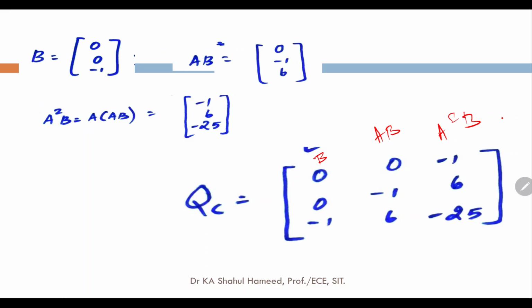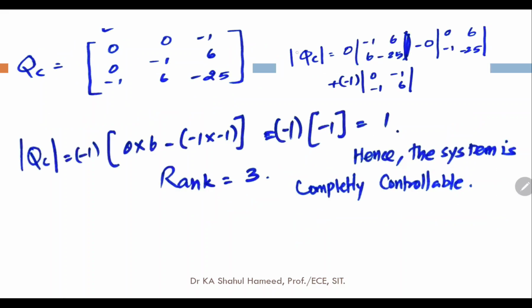Now we have to find the determinant of this matrix. So the determinant is equal to 1. We can easily find the determinant of the matrix.